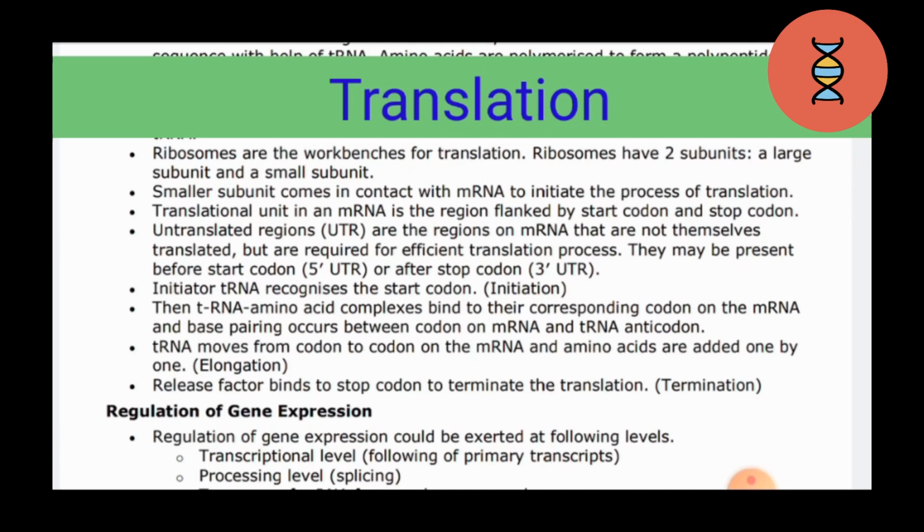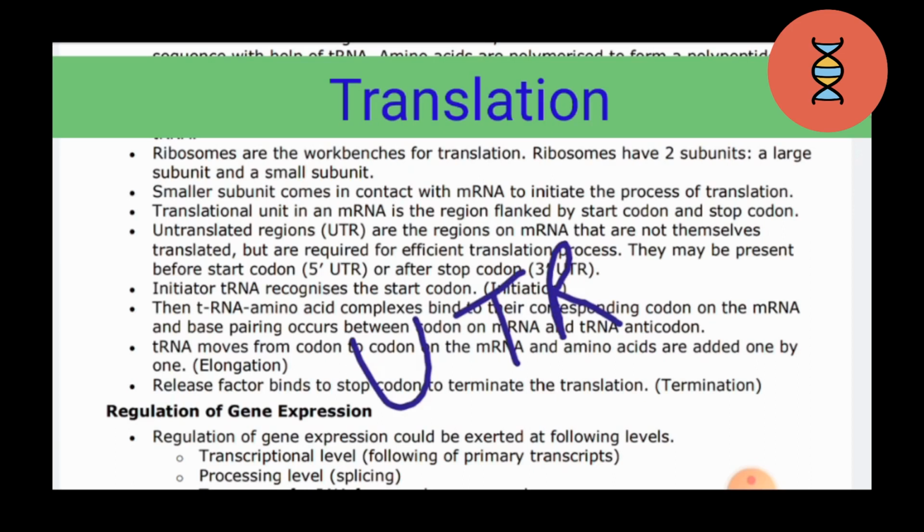Now coming to the translation unit. Translation unit की अगर हम बात करते हैं तो it is present in the mRNA, like the initiation codon, then the stop codon. One we have is the initiation codon AUG, then we have 3 stop codons UAA, UAG, UGA, and in between there are many codons, and another is the untranslated region. The short form for the untranslated region is UTR, right?